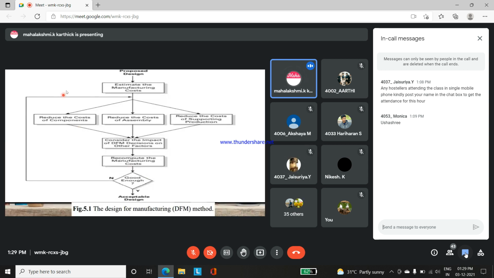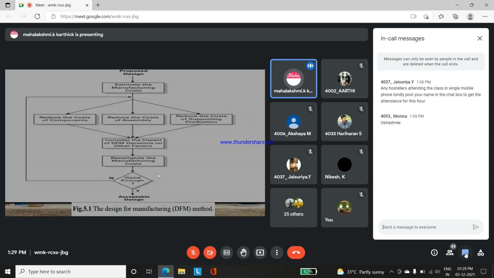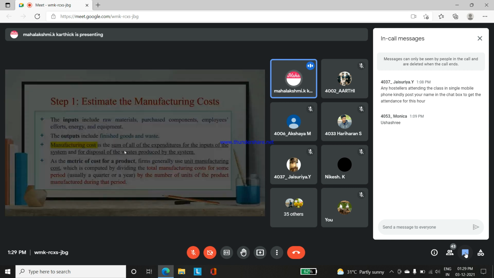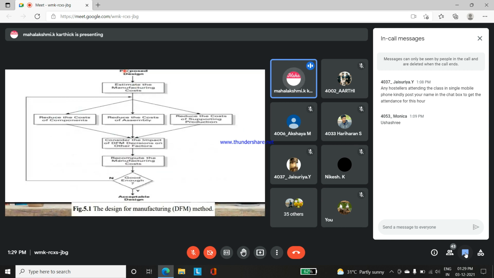Okay. A very important diagram, and very simple. As you all know, a 5-step method is involved in the DFM methodology. For any proposed design or product, the follow-up of 5 steps is: step 1, focus on estimating the manufacturing cost.